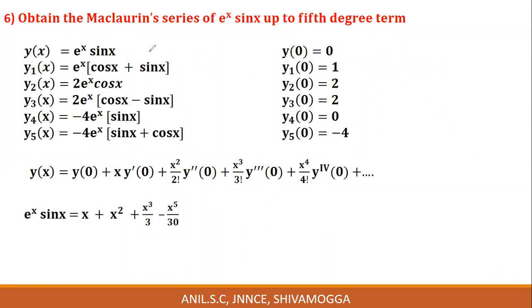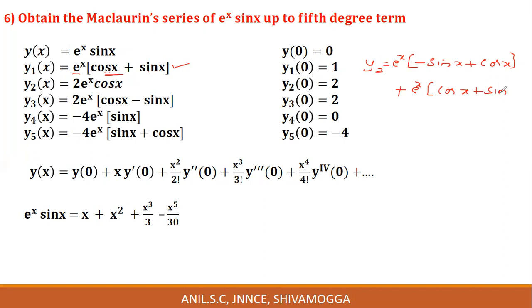Next, to find y2, we again differentiate this expression with respect to x using product rule. This is first function and this is second function. Derivative of y1 is y2. y2 is equal to first function e power x into derivative of cos x plus sin x. Derivative of cos x is minus sin x plus derivative of sin x is cos x, plus derivative of e power x is e power x itself, and keep second function cos x plus sin x as it is.